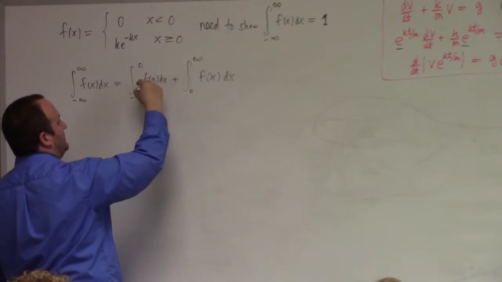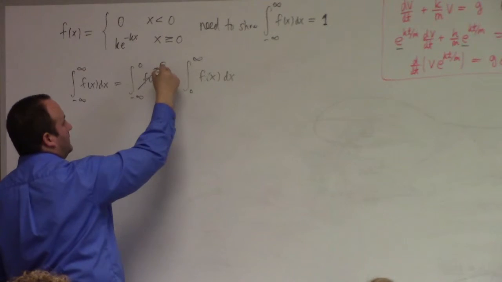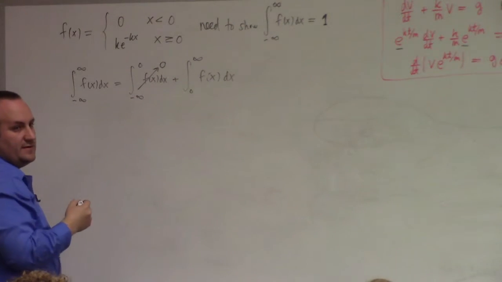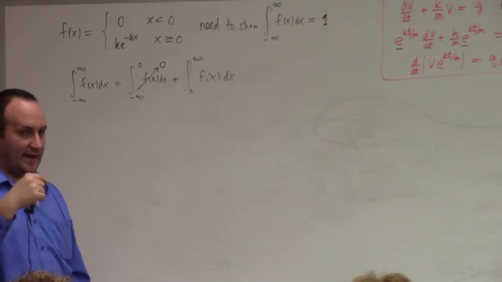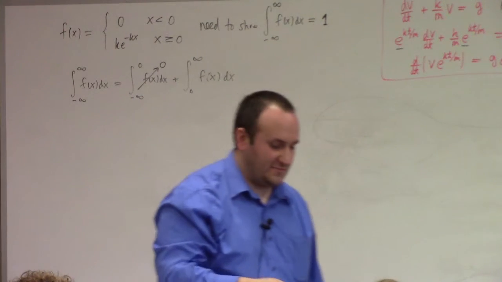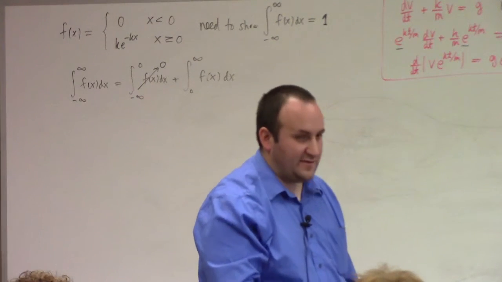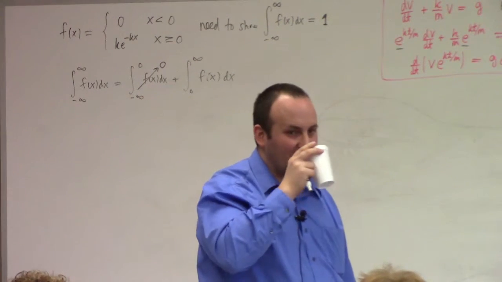This first part is by definition 0. If you didn't pay attention to this, and you just tried to integrate k e to the minus kx from minus infinity to infinity, you found that it diverged, correctly so.